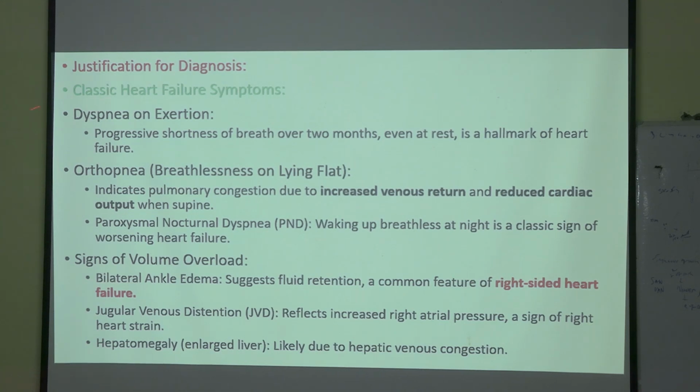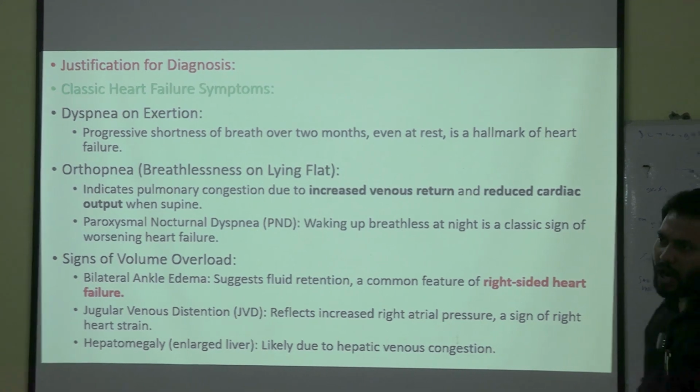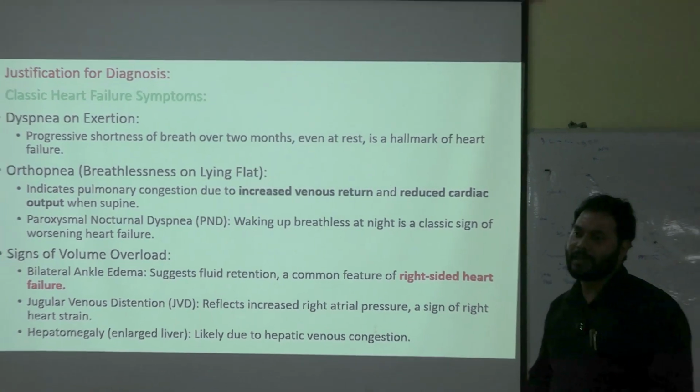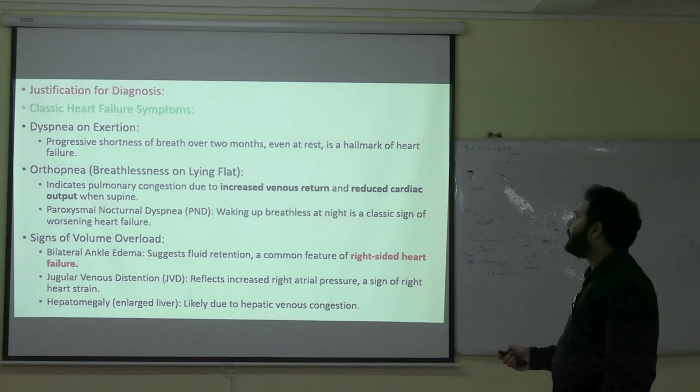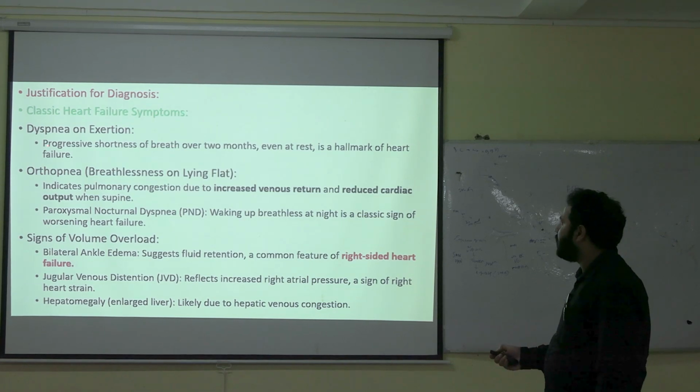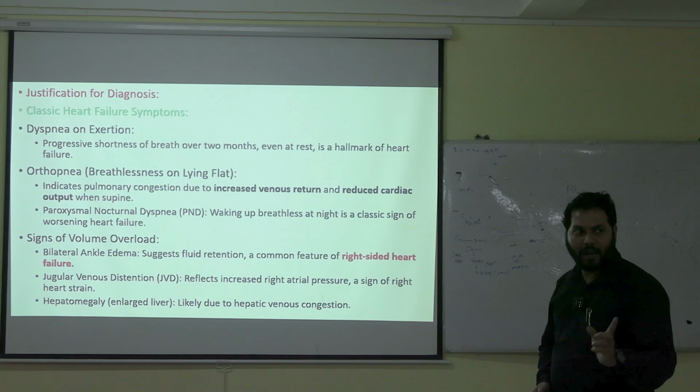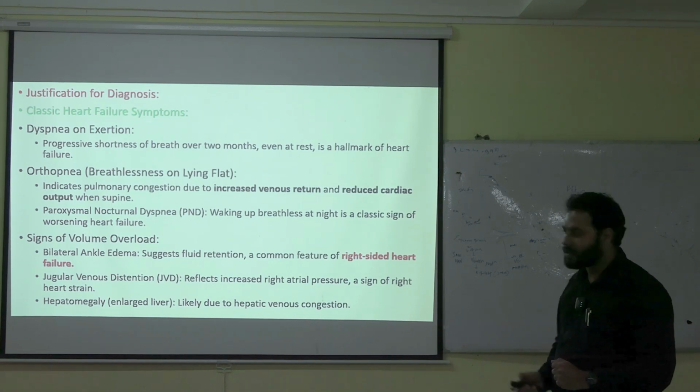So this is about the justifications. What information is given? If you see the most important features or classical symptoms of heart failure, that is dyspnea or progressive shortness of breath, that is given in the case, right?